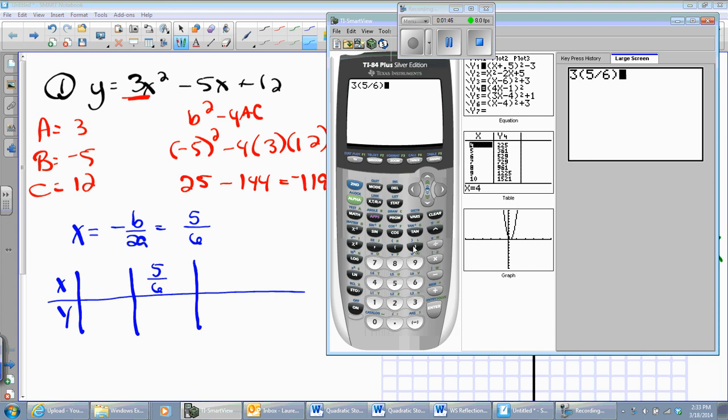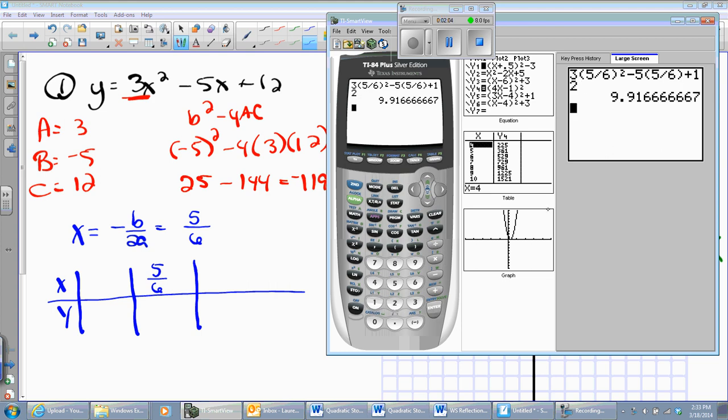Hopefully you're not sitting there searching for the ABC button like so many of you have asked me recently. Minus 5 times the quantity of 5 sixths, and then I'm going to add 12. This will be the y-coordinate of my vertex.